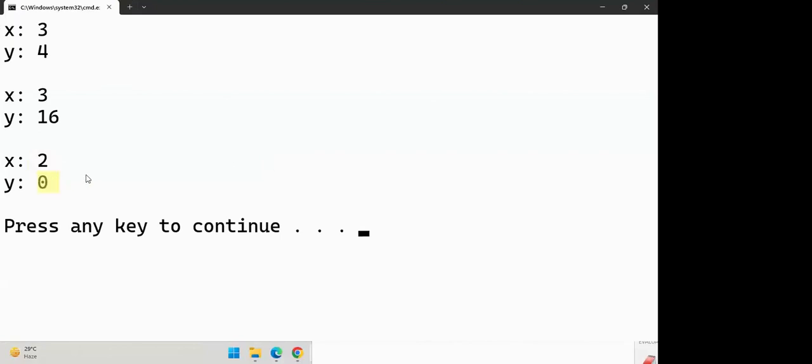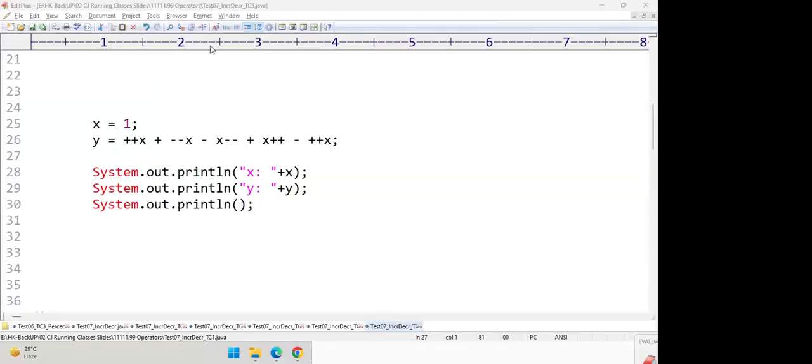How many people got this answer? Super. Still some people remaining are confused. Rambabu? Oh, Rambabu left.